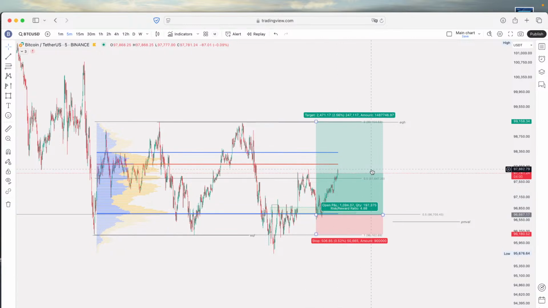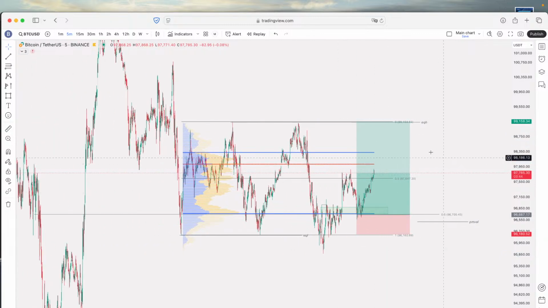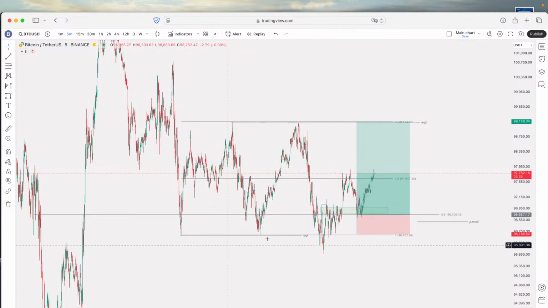So I'm targeting at least these highs, the point of control level and value area high. These are the points of interest where I may be closing part of this trade, and the full trade will be targeting the equal highs. You can see it's a very simple strategy, targets based on range theory.